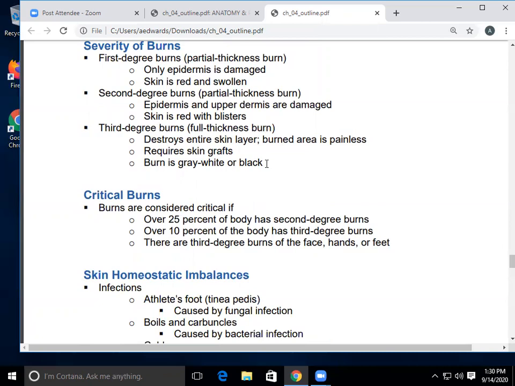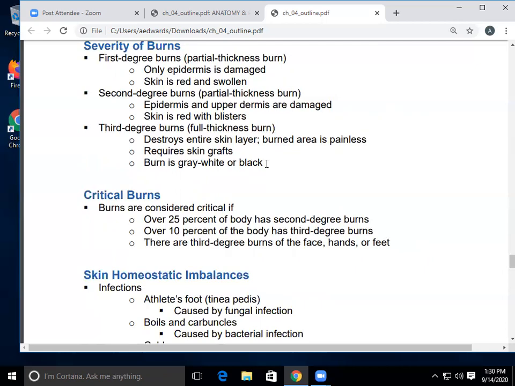Another way of talking about severity of burns is first degree, second degree, and third degree. First degree is also known as partial thickness, where you only damage the epidermis, and you get red and swollen skin. A second degree burn is also partial thickness, but the upper dermis also gets damaged, and you get blisters.